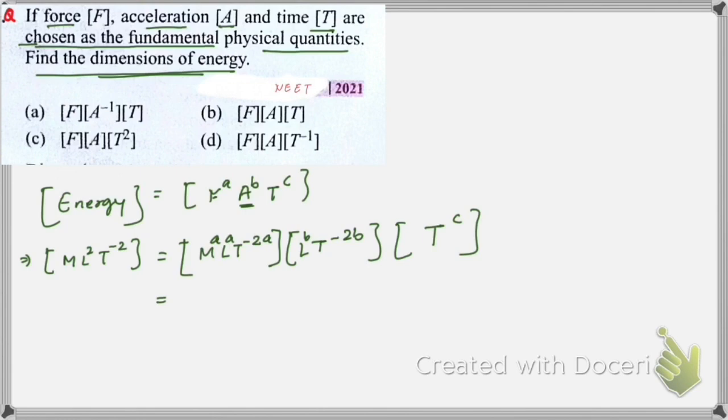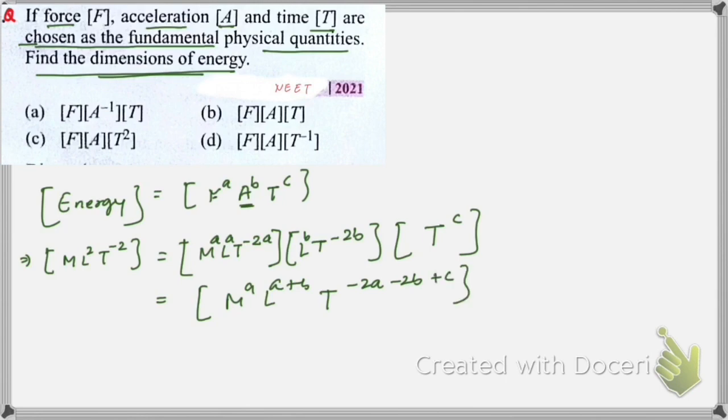So we can write this as M to the power a, L to the power a plus b, then T to the power minus 2a minus 2b plus c.